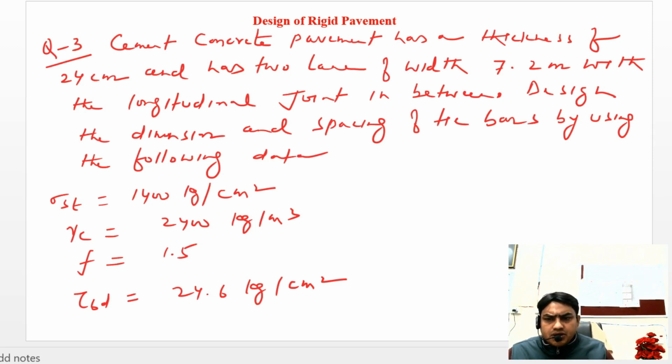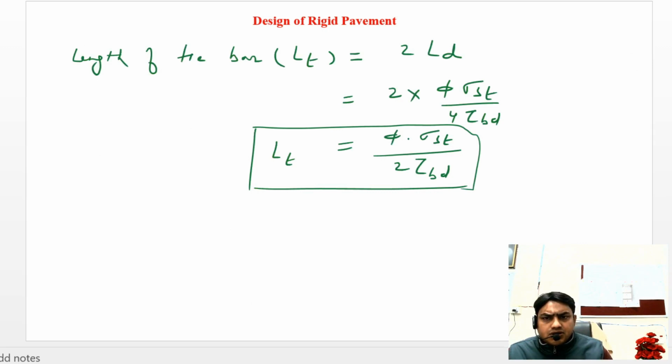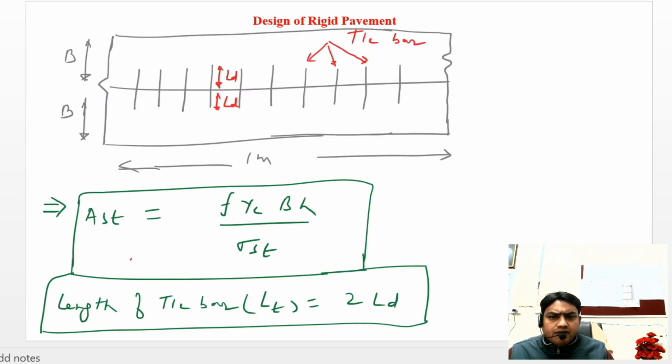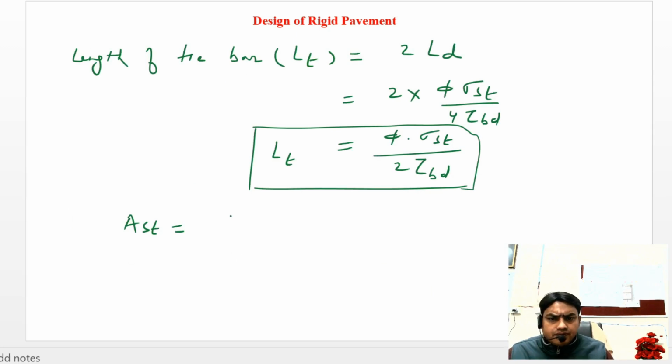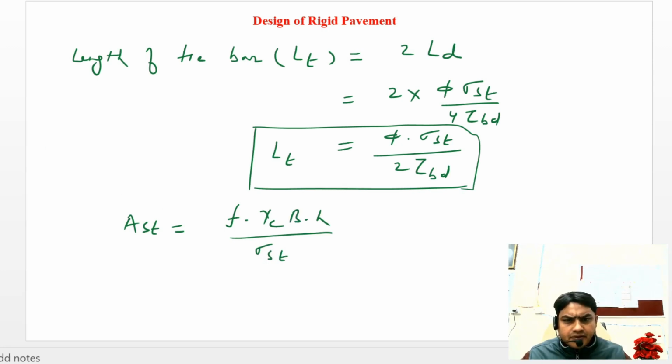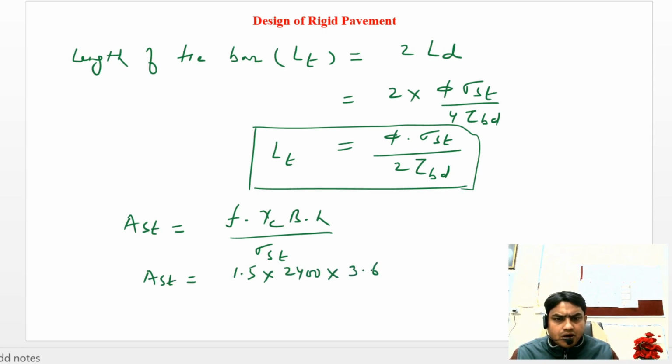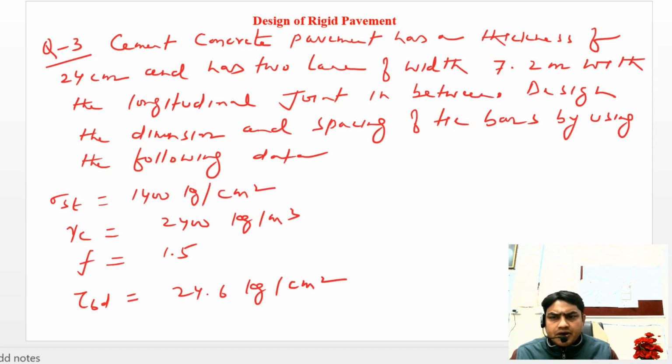Now firstly we have to find the AST. AST can be computed as F into gamma C into B into H divided by sigma st. If I compute the value, area of steel is equal to coefficient of friction 1.5 into 2400 kg per meter cube into width 3.6 meter and thickness 24 centimeter, so 0.24, divided by sigma st. Sigma st is given, that is 1400 kg per centimeter square.